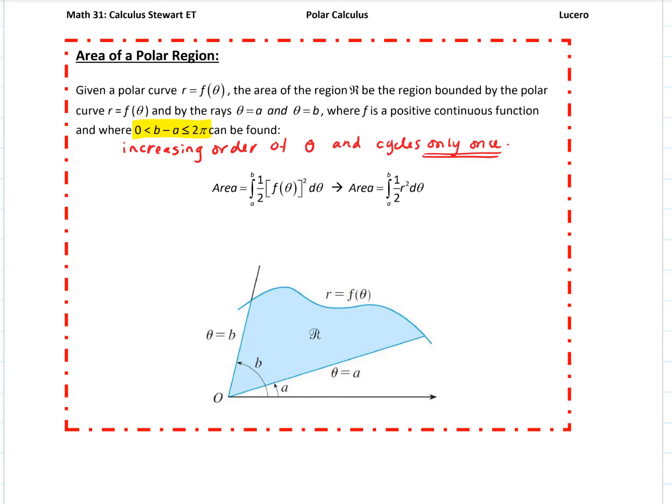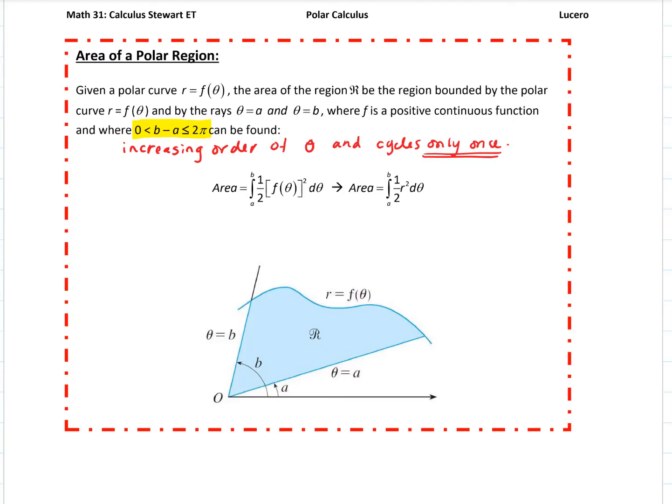But we're in a circular coordinate system, which means that we can repeat and our curves can cycle back over themselves. Go back to that rose that we looked at. That rose was cycling through those petals an infinite number of times if we let theta go on and on forever to infinity. If we restrict it, it completes that curve from 0 to 2 pi. So if we wanted the area, we want to make sure we're looking at it from just 0 to 2 pi.